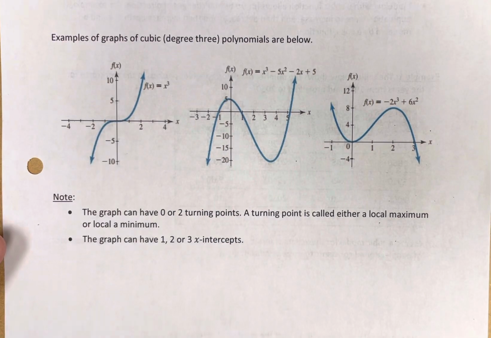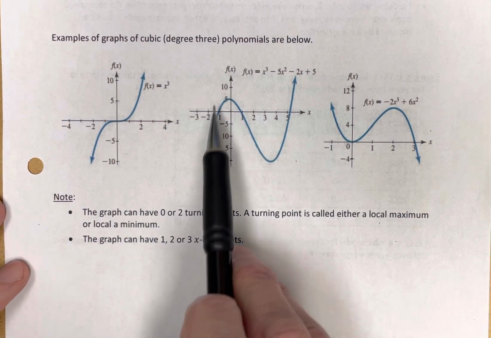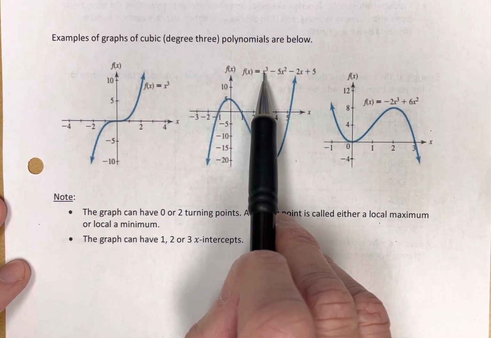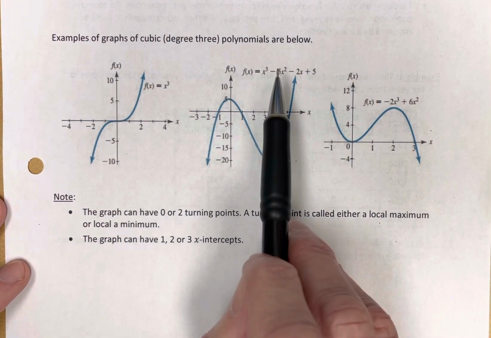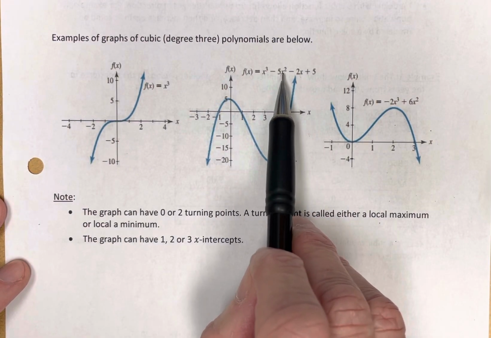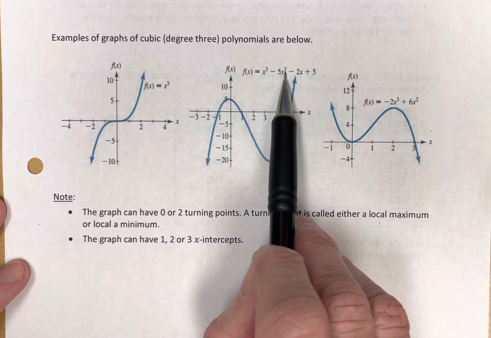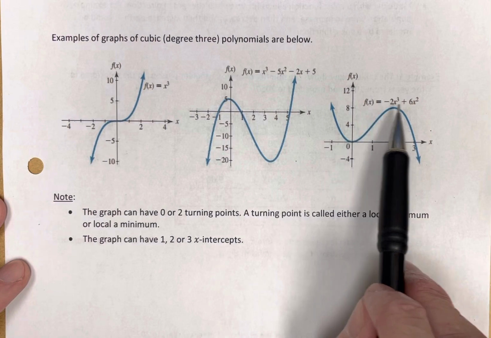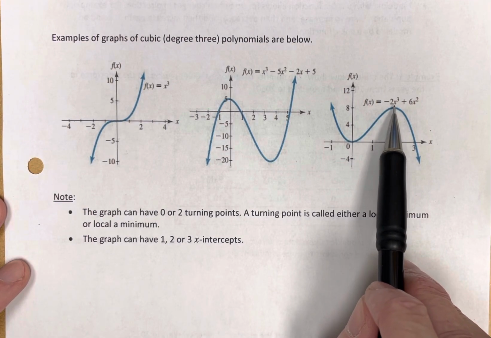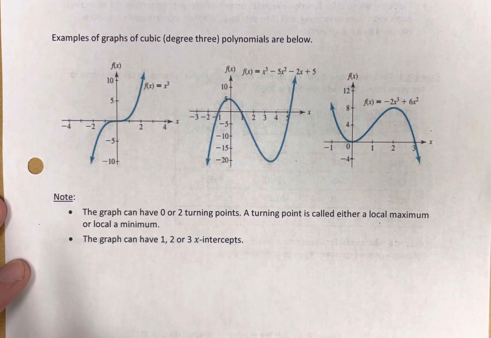This is the simplest of the degree 3 polynomials. And then here's a graph of x cubed minus 5x squared minus 2x plus 5. So this one has all the pieces: an x cubed, an x squared, an x, and a constant. And here's a graph of simply a cubic, which is negative 2x cubed plus 6x squared.